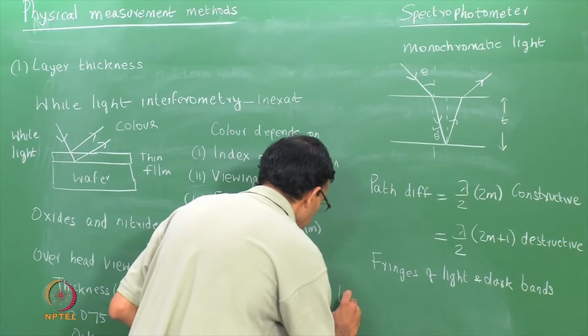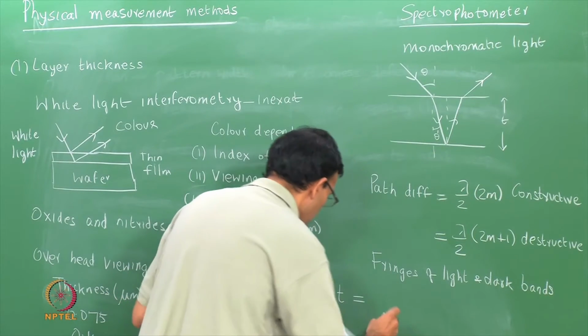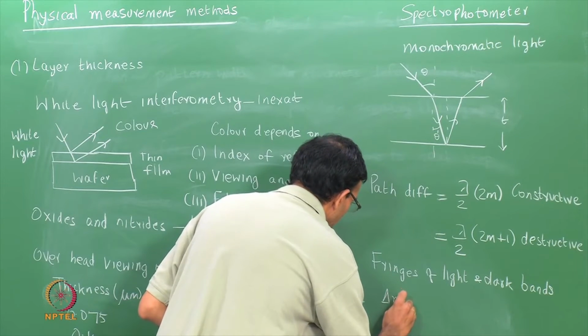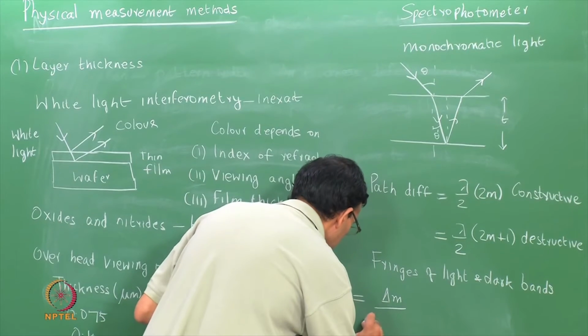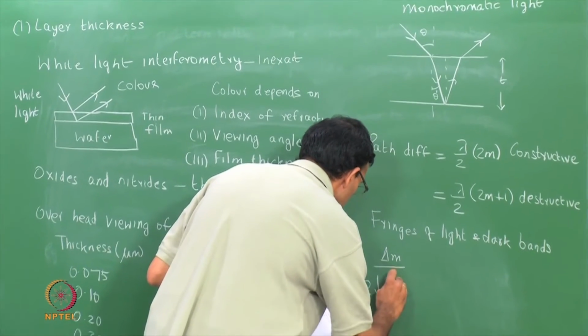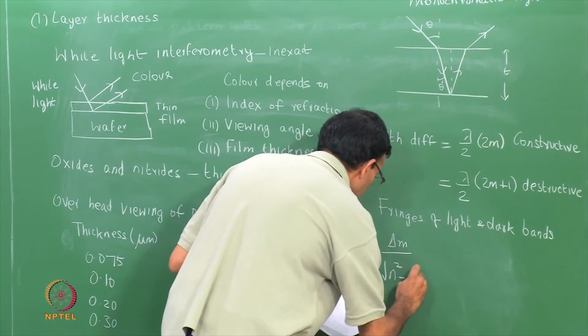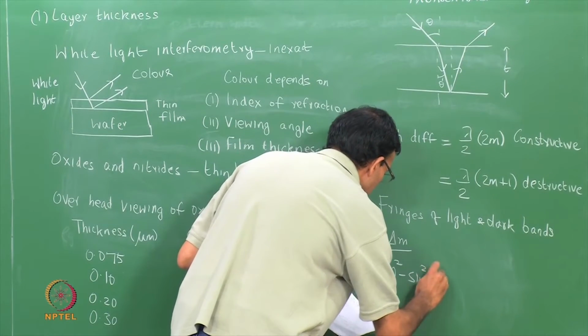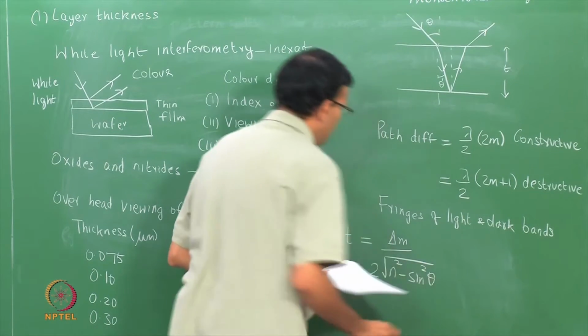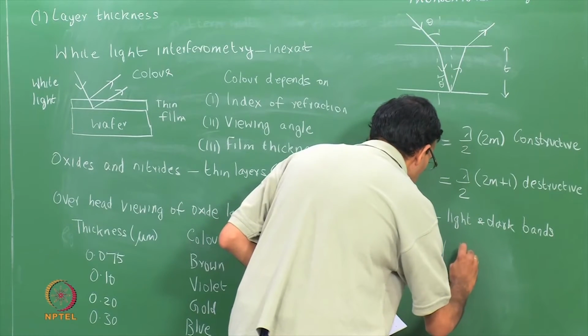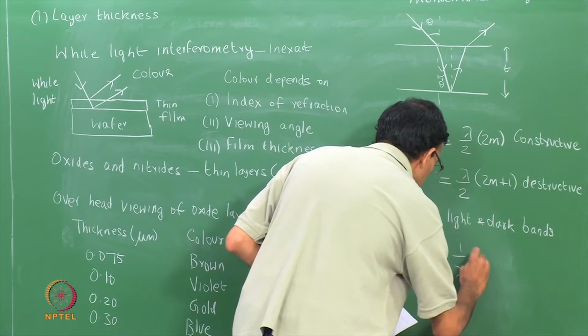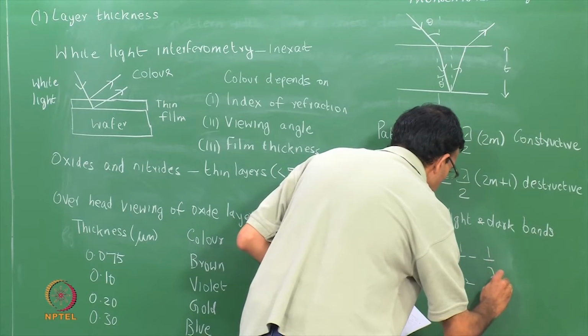So, thickness T is nothing but delta m for 2 fringes divided by 2 square root of n square minus sin square theta. N is the refractive index of your material, 1 over lambda 2 minus lambda 1.